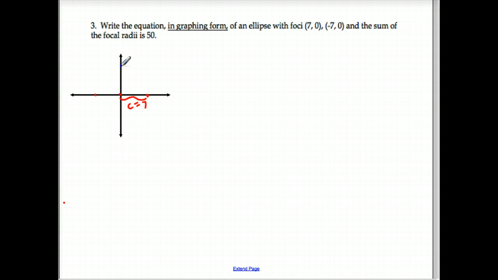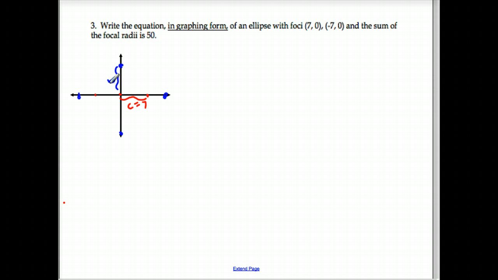So we got some vertex out here, equidistant down here, and then we have the vertices on the major axis. We know that this is some distance b. From here to here is b.